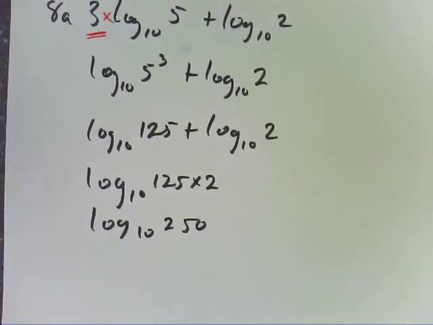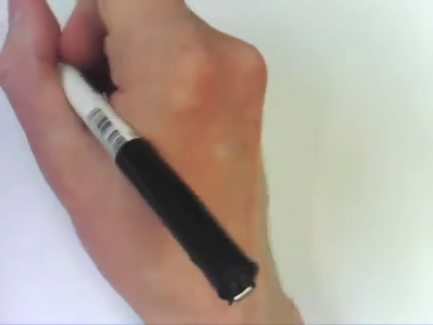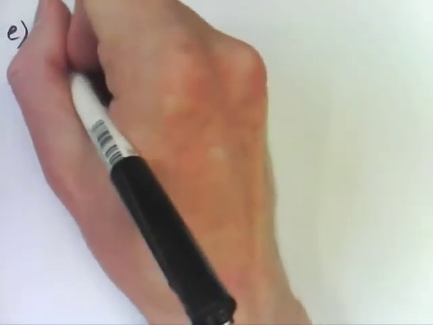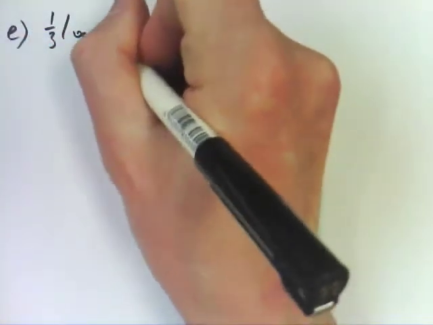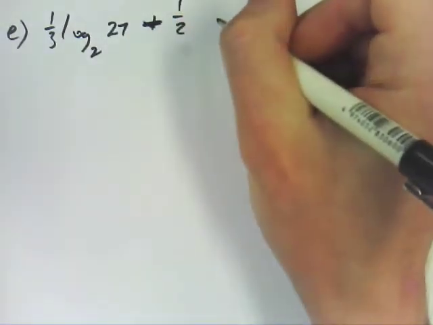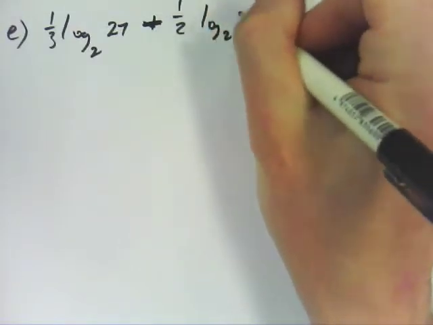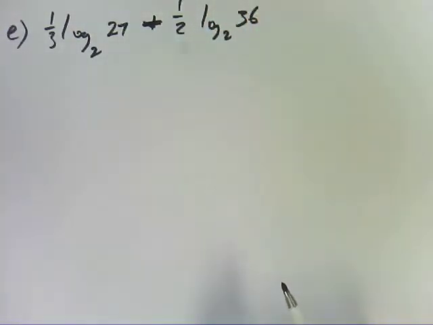So now if you want to do 8e, e is 1/3 log 2 27 minus 1/2 log 2 36.